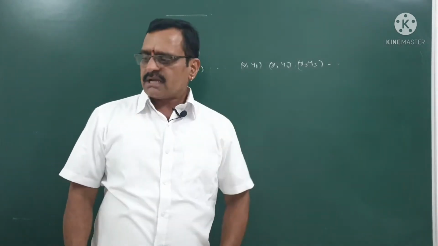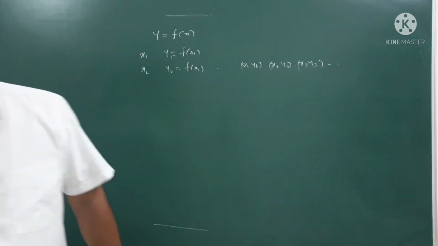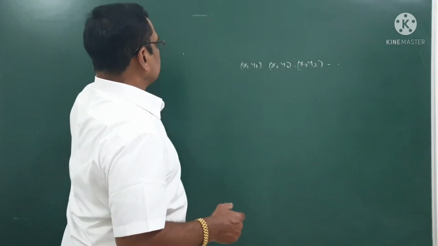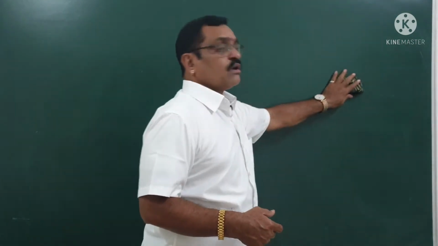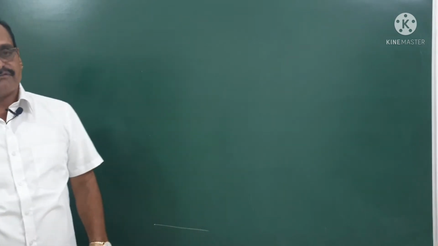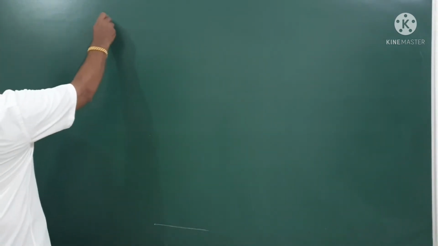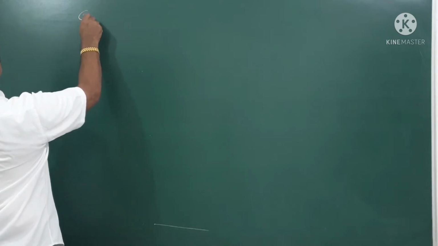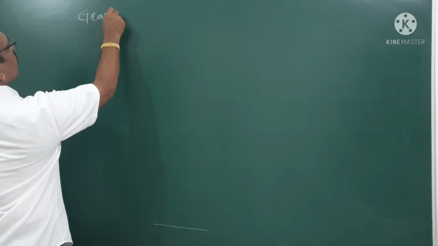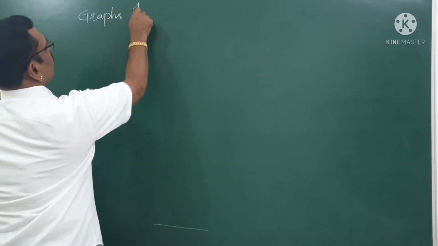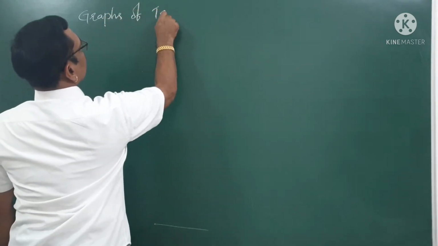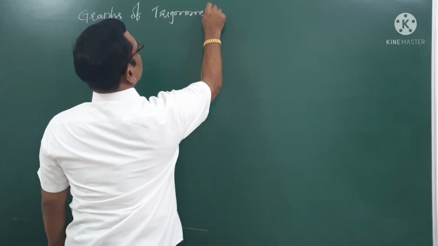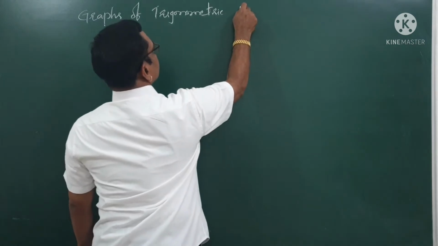The method is the same here also, for getting the graph of trigonometric functions. So first of all, let us draw the graph y is equal to f of x. Now the lesson is graphs of trigonometric functions.